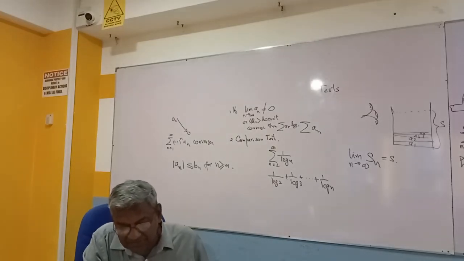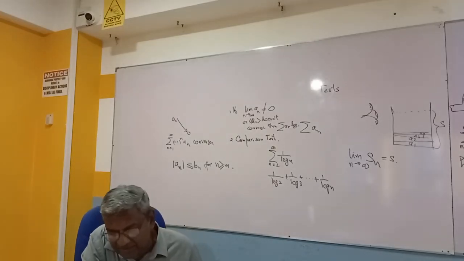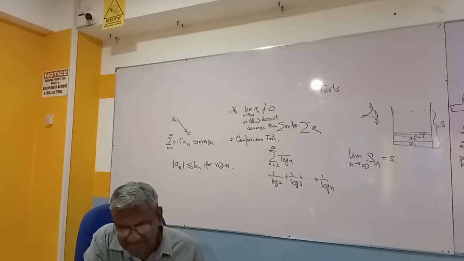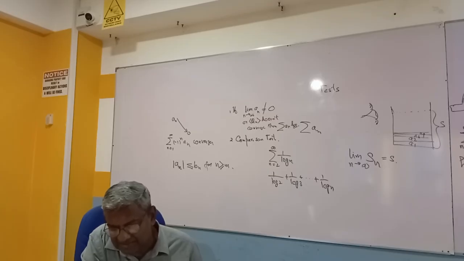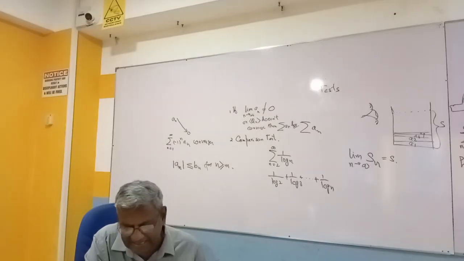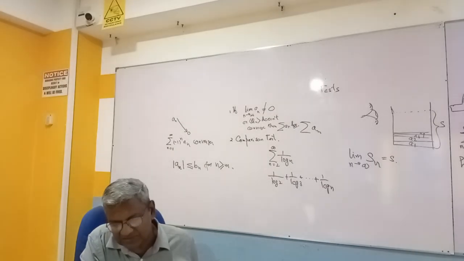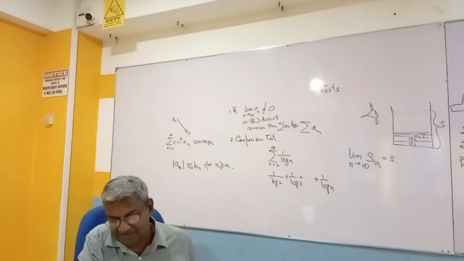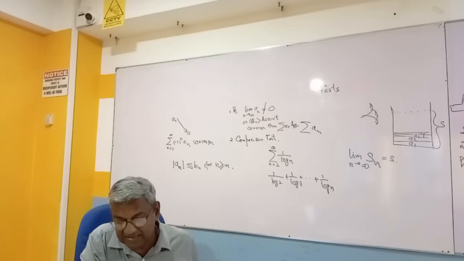So anyway, 7.3.3 says, let x be a real number. If mod x is greater than 1, then the series is divergent. If however mod x is less than 1, then the series is convergent, and the sum from n going 0 to infinity of x to the n is 1 over 1 minus x. Here he has given from 0 to infinity.